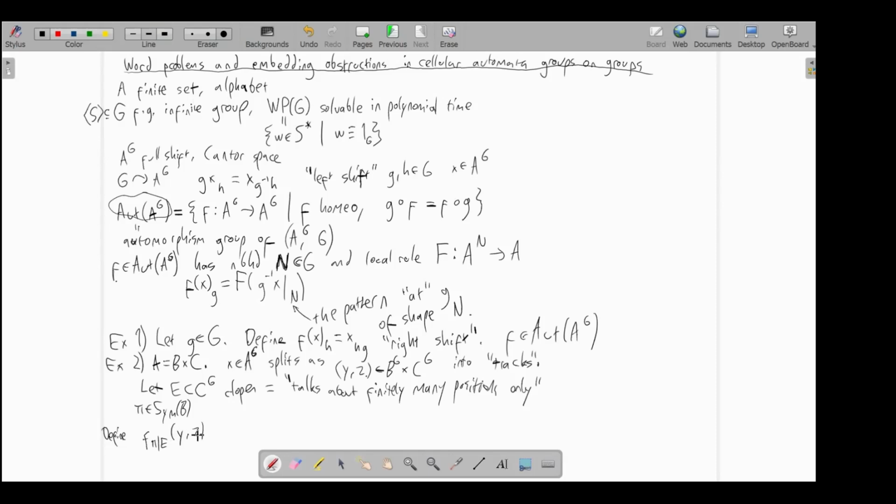So given a point X, which I split like that into a B part and a C part, at H you just write YH if H to the minus 1 Z is not in E. So that just means that the pattern in Z, sort of at H, does not satisfy this clopen condition, and otherwise you permute.